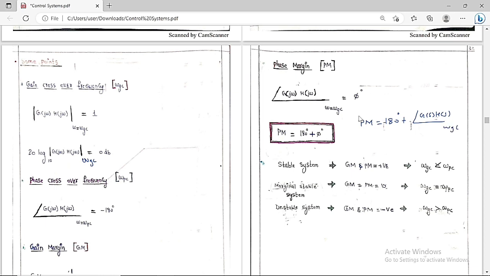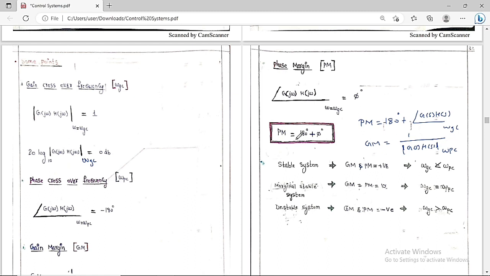So here for phase margin, use G. Gain margin, I have already told you, is equal to 1 by magnitude of G of S, H of S at omega PC. So vice versa: for phase margin use G, for gain margin use P. These things always you have to keep in your mind.